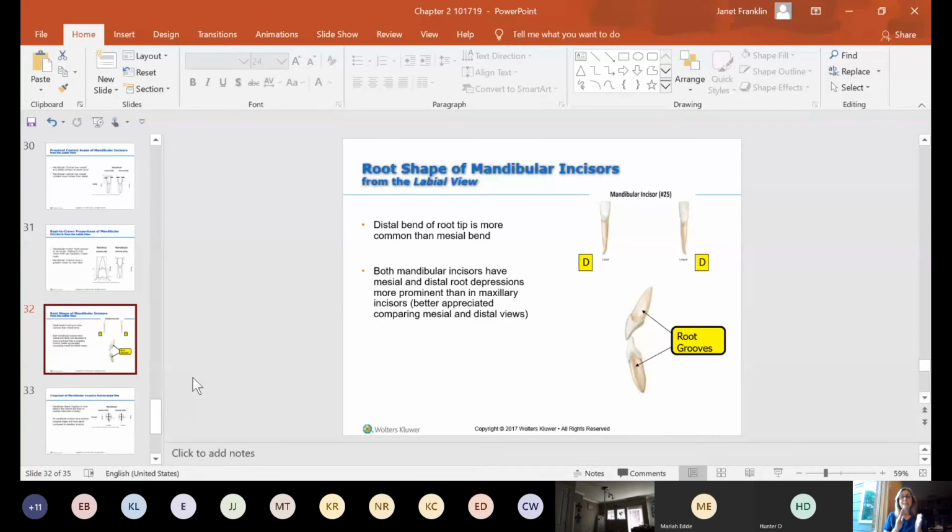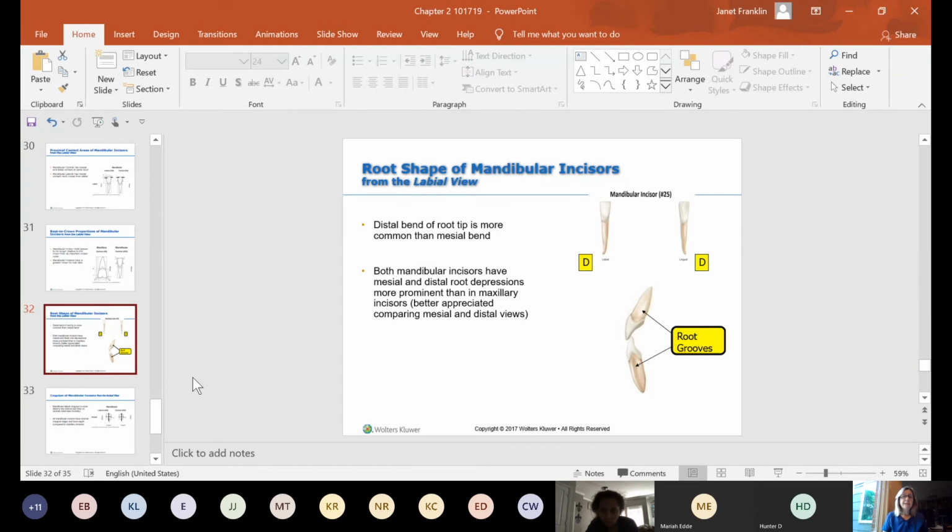So if the patient is missing an incisor and you don't know which one it is, you can put your sleuth skills together and look at which way the root bends. You can look at the incisor size of the crown and get an idea of if it's a central or a lateral. And you should be able to figure out pretty easily which tooth it is that's missing.